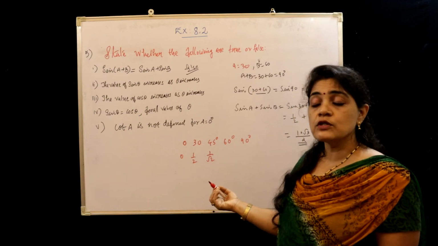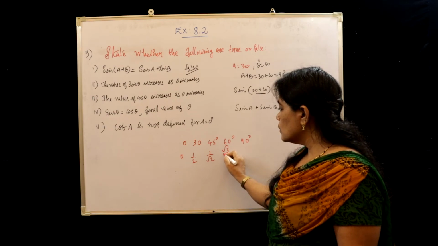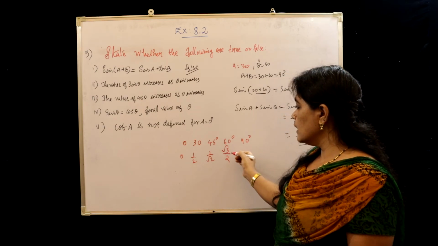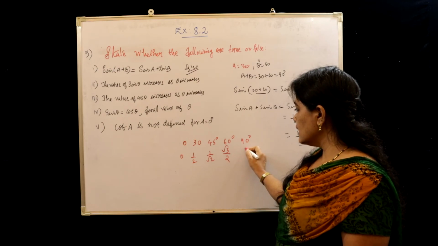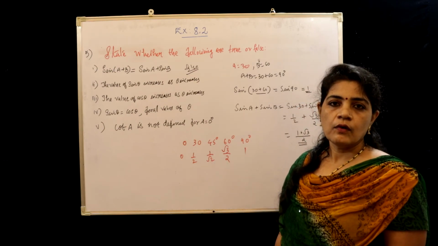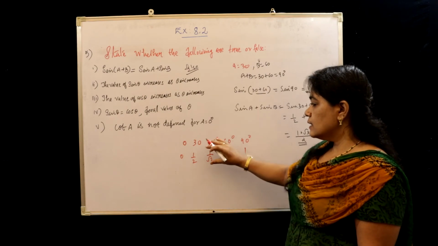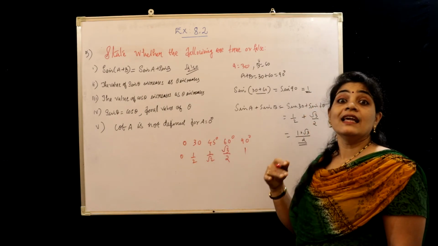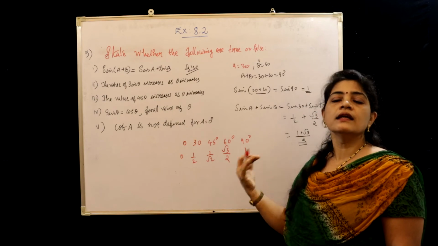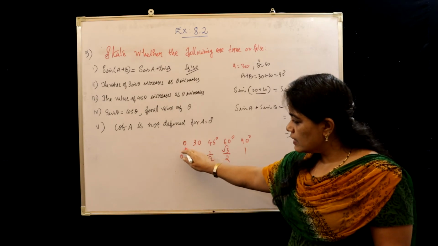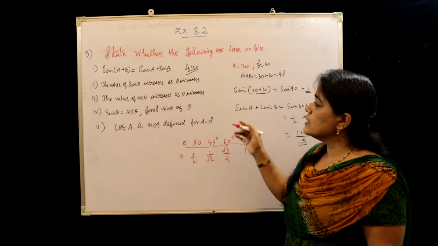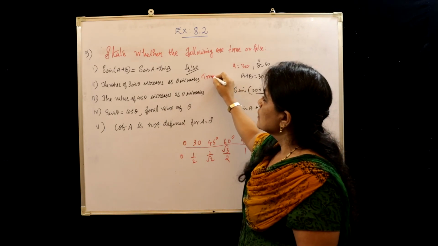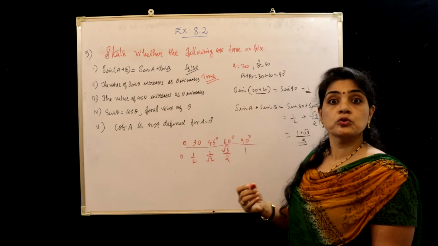Sine 60 value is root 3 by 2, and finally, in increasing order, greater than root 3 by 2, sine 90 is 1. So that means the value of sine theta increases as theta increases. Here we have arranged the measure of angle in an increasing order. So, this statement is true.